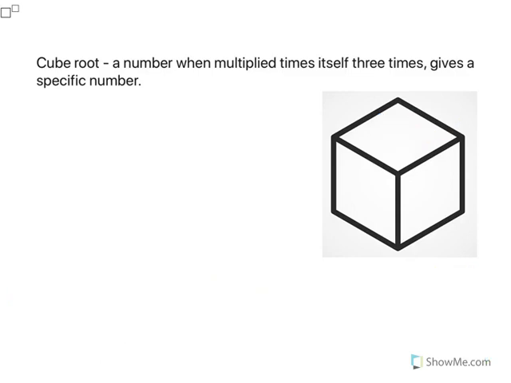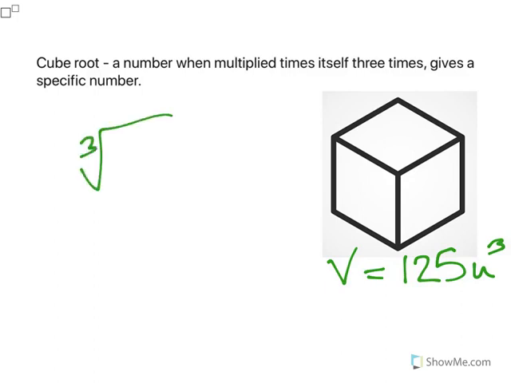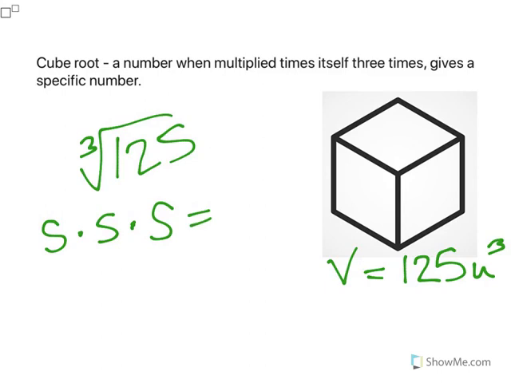Let's look at another example. Let's say that our volume equals 125 units cubed. Now, what is the cube root of 125? Remember that we're looking for side times side times side to equal 125.